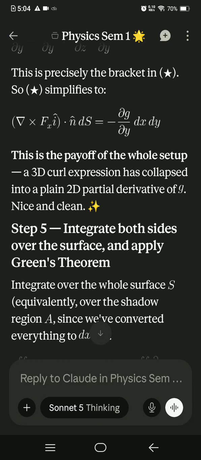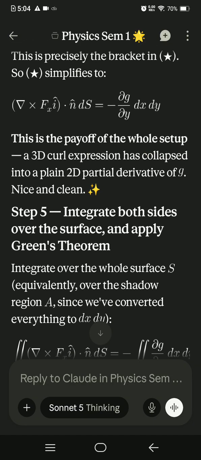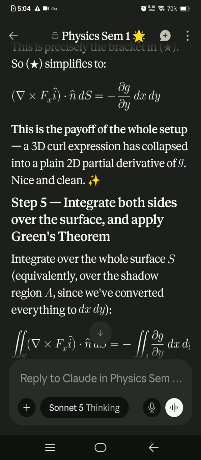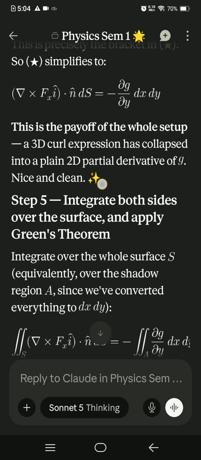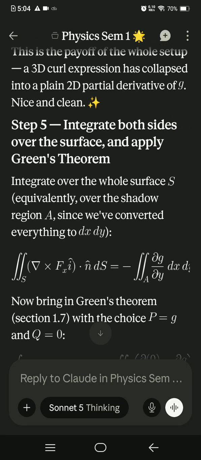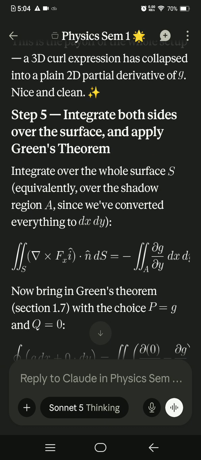This is the payoff of the whole setup. A 3D curl expression has collapsed into a plain 2D partial derivative of g. Nice and clean. Integrate both sides over the surface and apply Green's theorem.